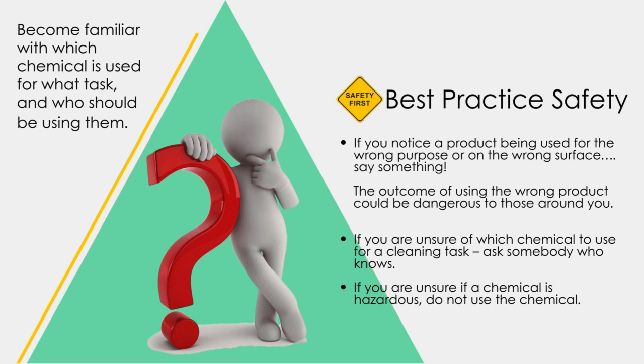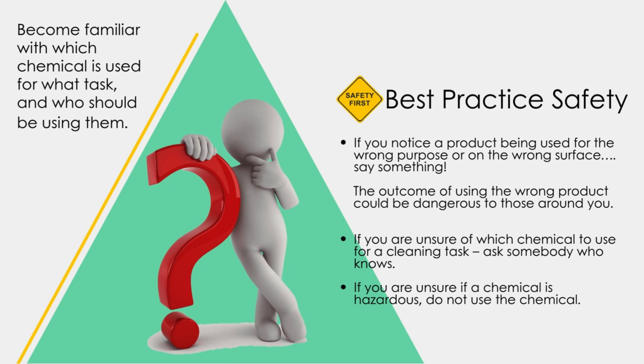It is essential to become familiar with the different chemicals being used on your site. This includes which chemical is to be used for what task, as well as who should be using them. If you notice a product being used for the wrong purpose or on the wrong surface, always say something.